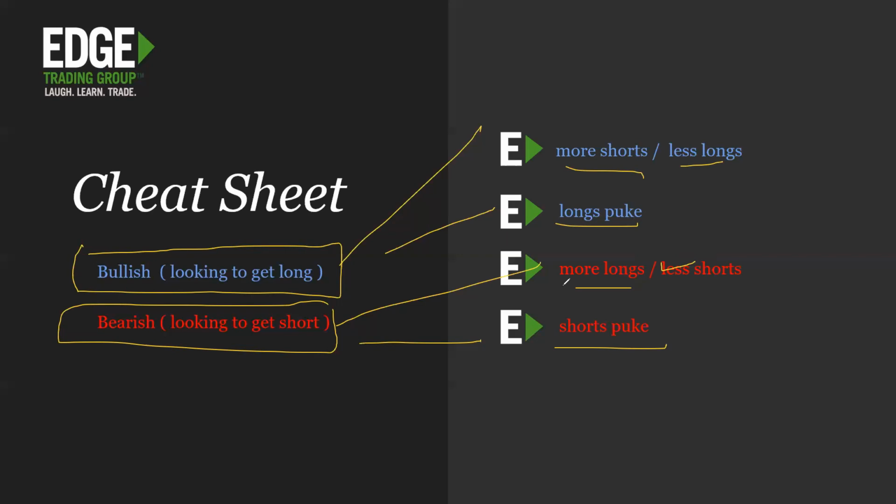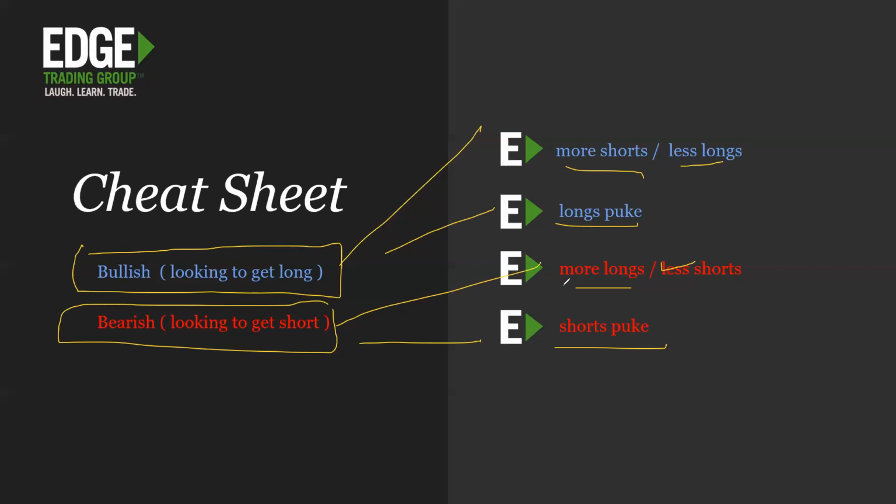So now guess what? If you wrote this cheat sheet out and Anthony says to you, hey, little Johnny, you're looking to get long. What do you want to see? Little Johnny doesn't have to think now. Little Johnny can look at his cheat sheet and say, I want to see more shorts, less longs, and longs puke, Mr. Drager, right?